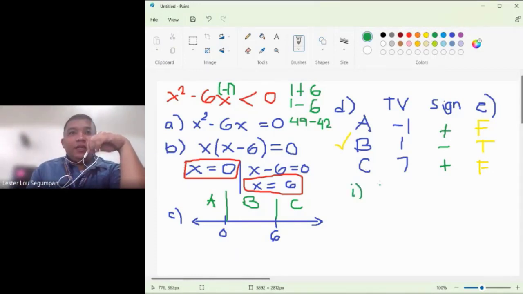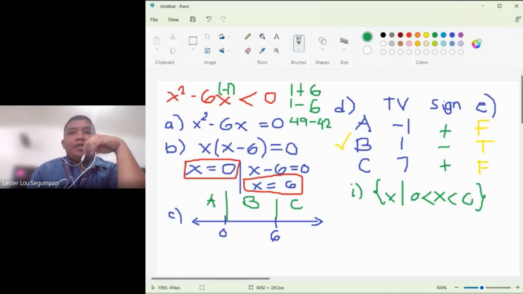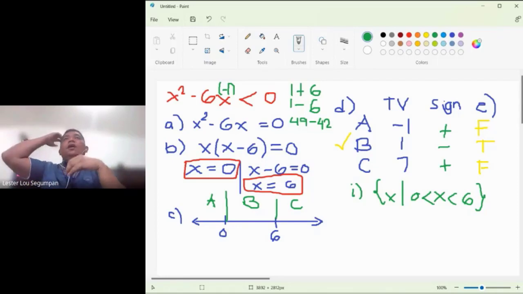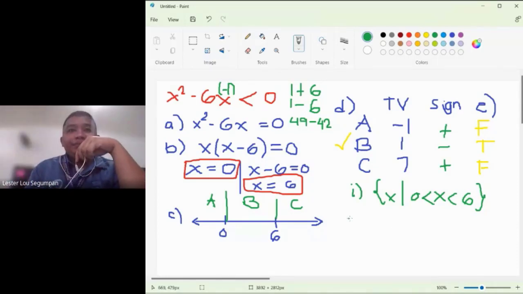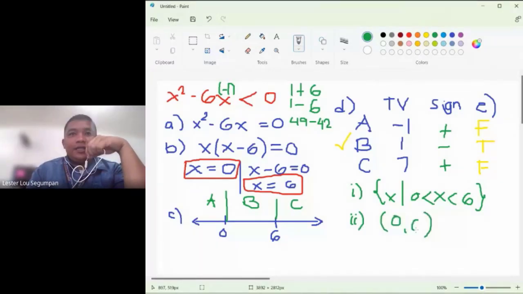It should be the set of x such that x is greater than 0 and less than 6, with our roots 0 and then 6. That should be our correct answer.